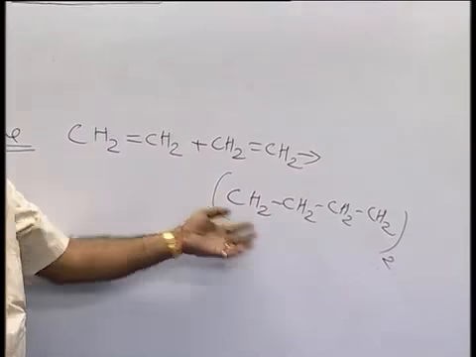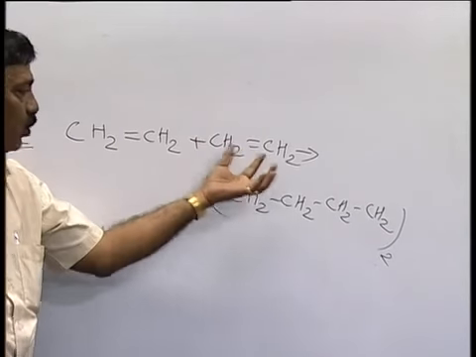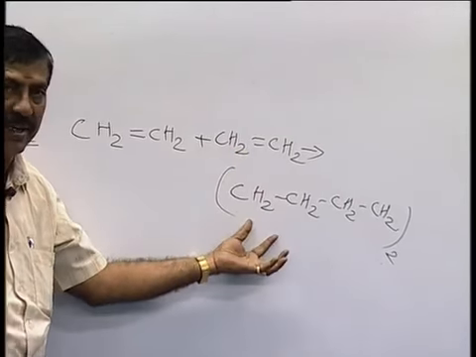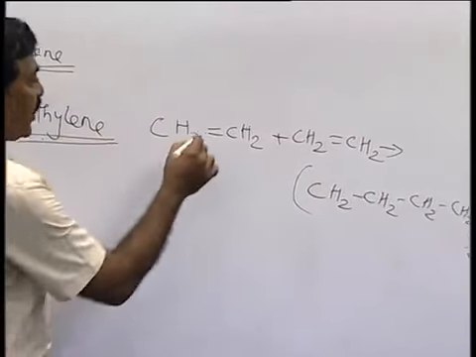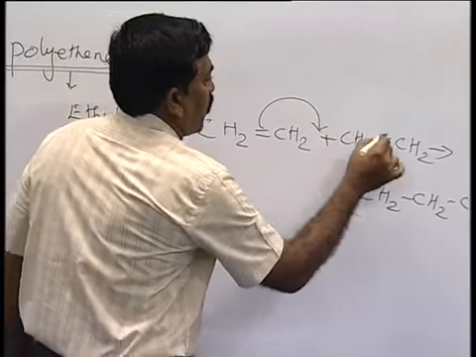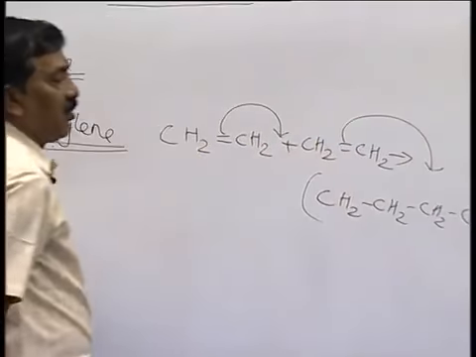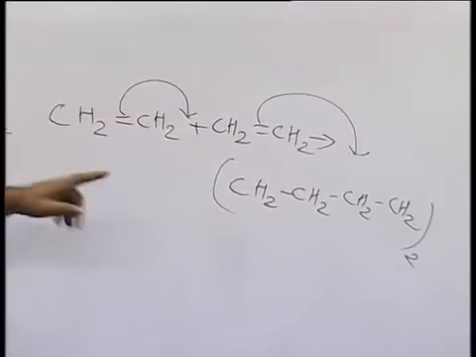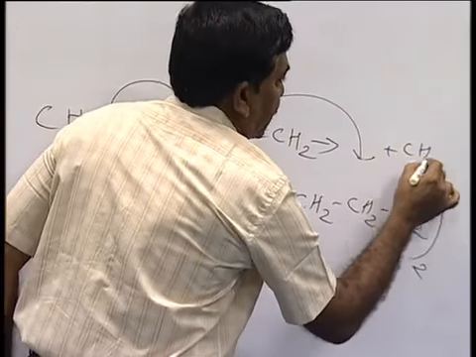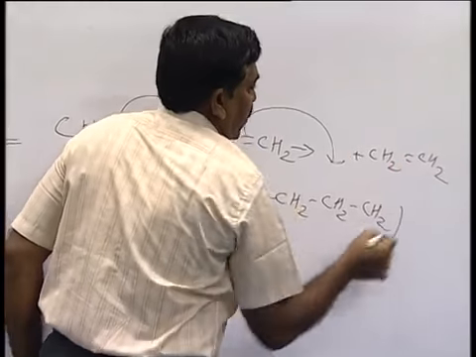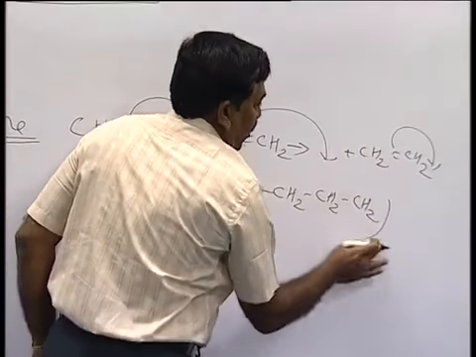Diethylene. Why? Monomer. One ethylene, two ethylene. Two means diethylene. How this molecule is formed? This molecule is formed by the transformation of the bond like this. So in diethylene, two ethylenes are added. If you add one more ethylene, now the bond is shifted.